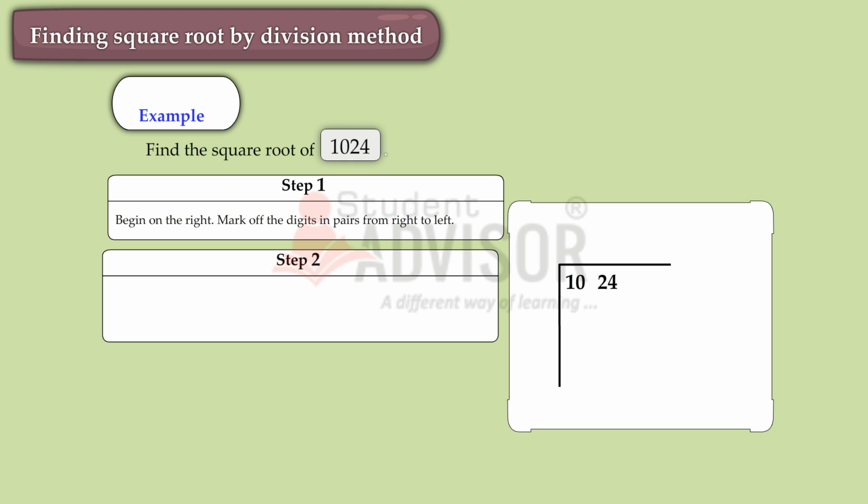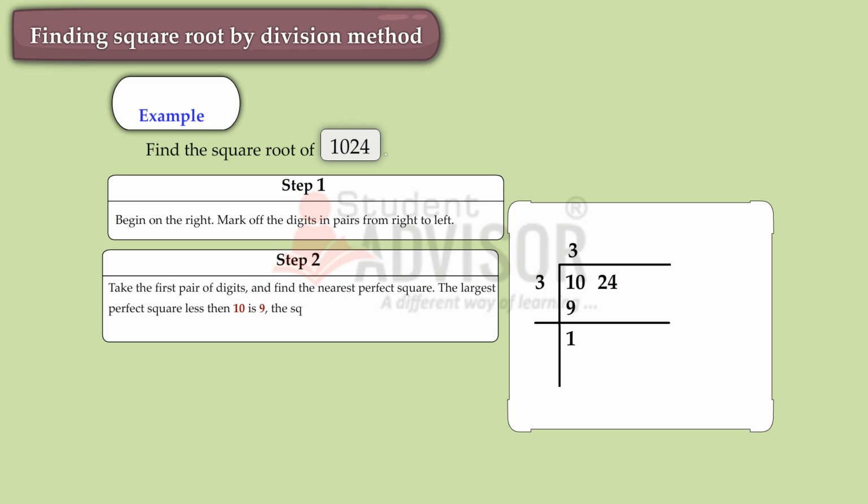Step 2. Take the first pair of digits and find the nearest perfect square. The largest perfect square less than 10 is 9, the square of 3. Write 3 on top as quotient and in the division. Subtract 3 multiply 3 equals 9 from 10. The remainder is 1.